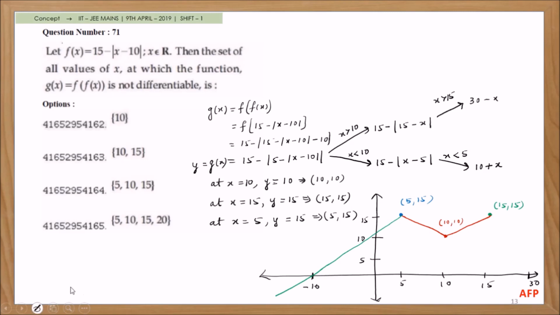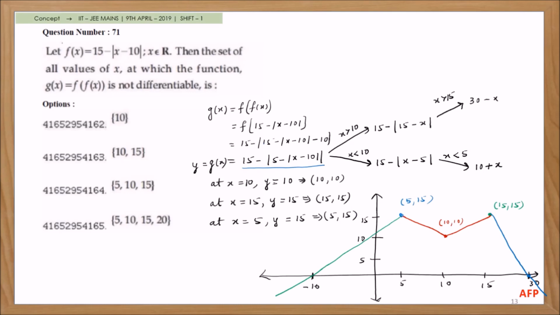And more than 15 means this one, so y is equals to 0, on the x-axis 30 minus x is equals to 0, and x is equals to 30, so this point you are going to get. Okay, so this is the graph of this function.